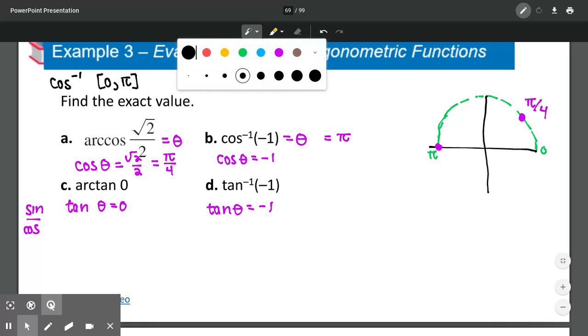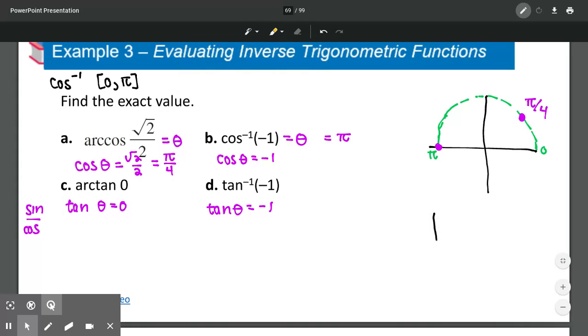So let's think again about our unit circle, because tangent is restricted like sine. Tangent goes from negative pi over 2 to positive pi over 2. So tangent would be 0 when sine is 0, which is at 0. So this answer would equal 0.